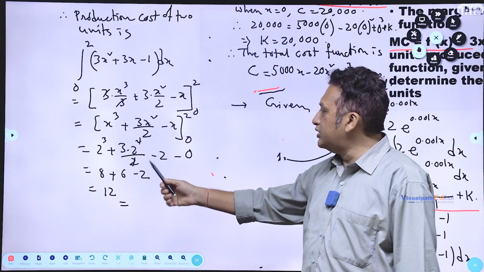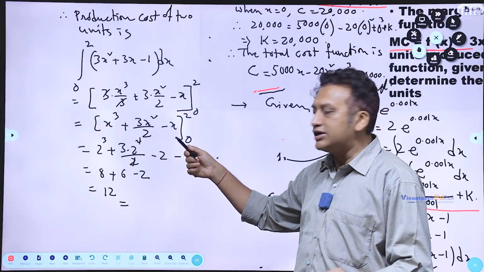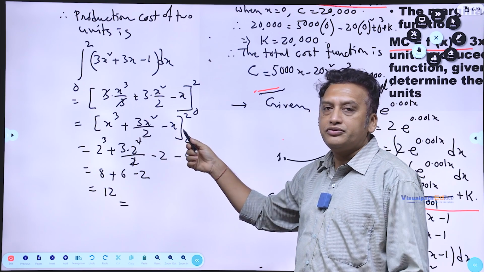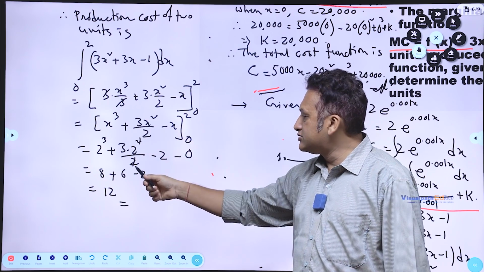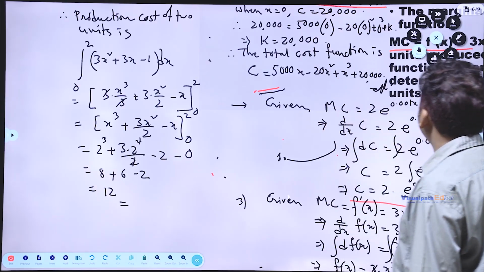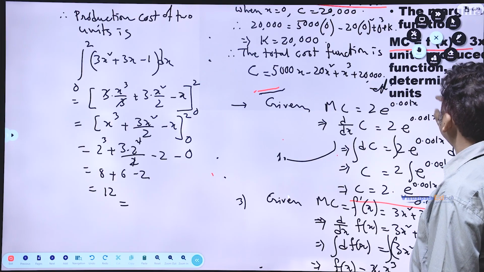The rule is, first of all, you put the upper limit everywhere wherever there is x, then you put a minus sign, and then you put the lower limit again everywhere wherever there is x. So this, when we solve, we get 12. So 12 is the cost of 2 units. Okay. So that's the way how we can do the sums.